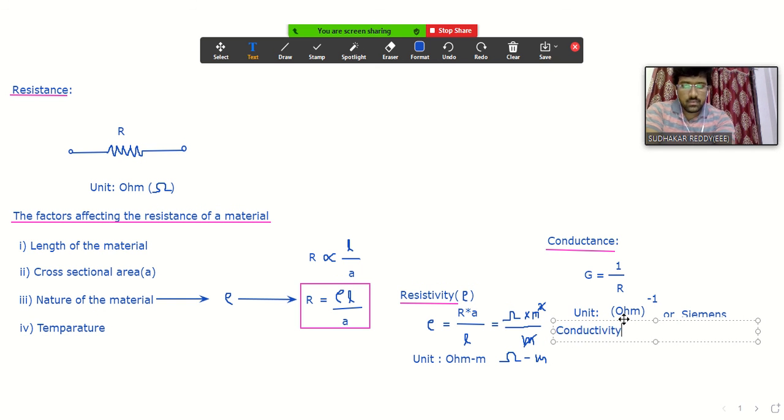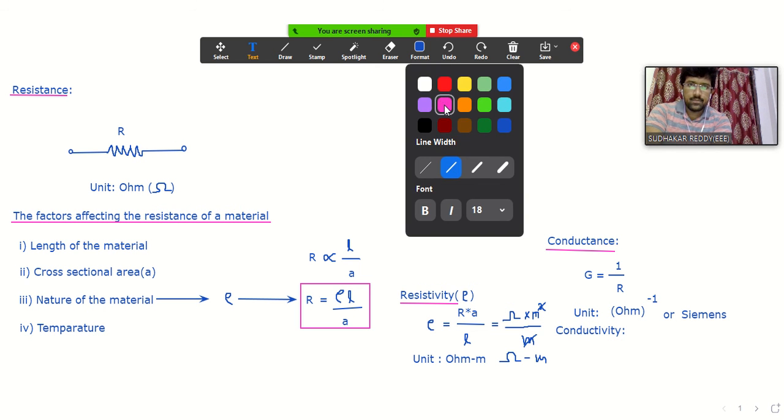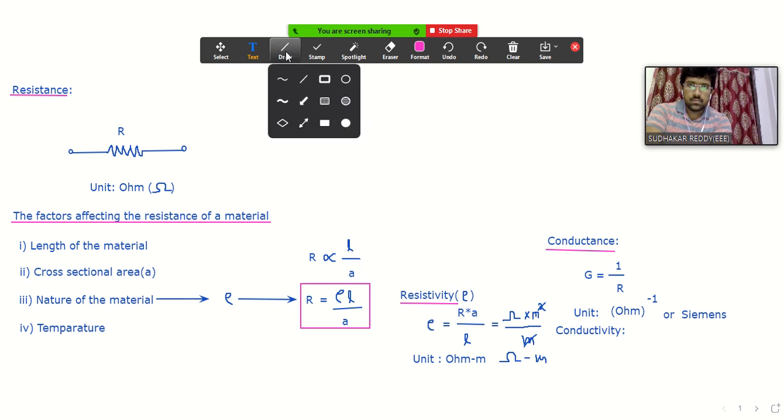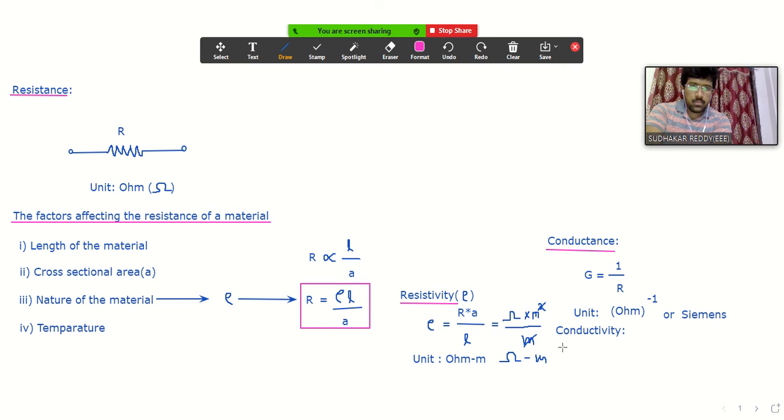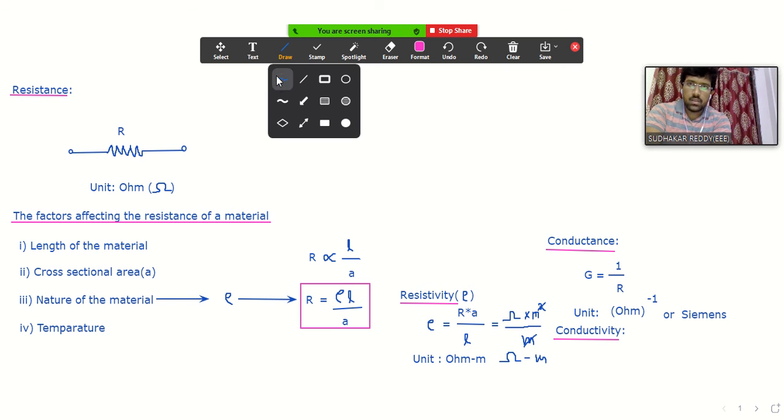Very simple, right? Symbolically, it is represented by sigma.